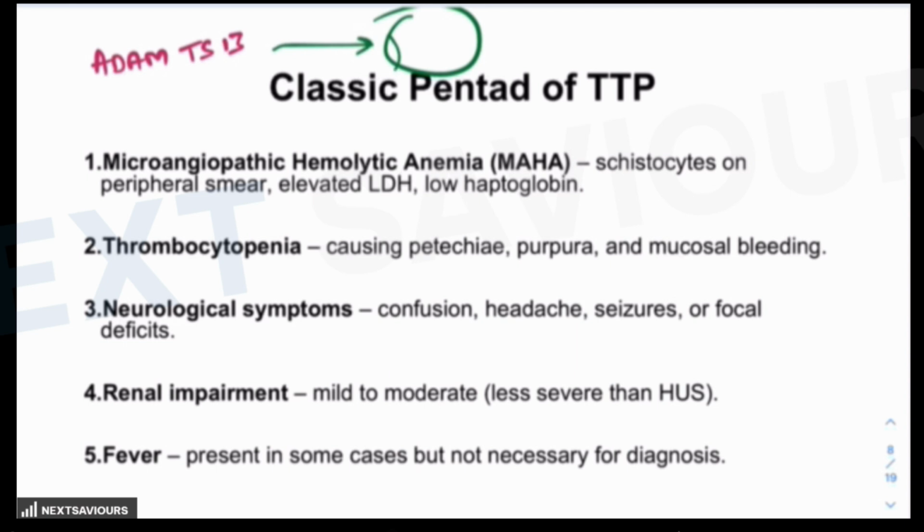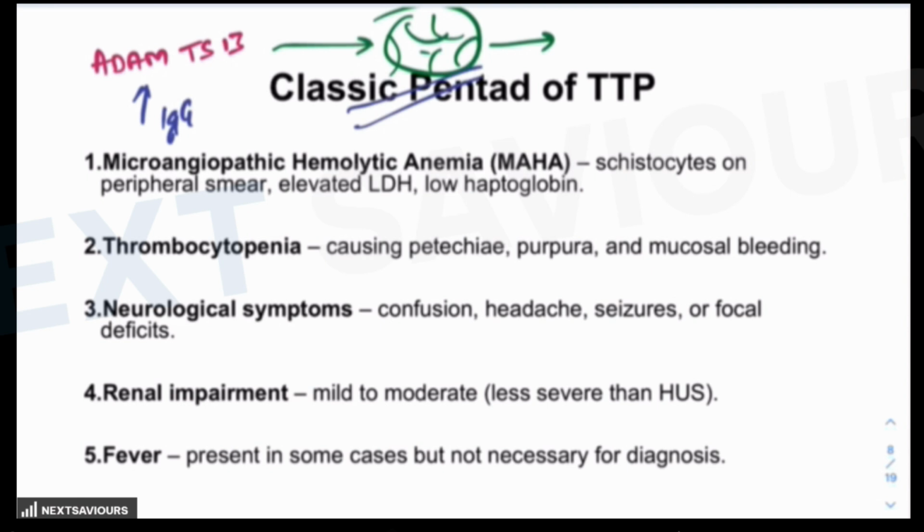So this is responsible for the breakdown of these large multimers into smaller inactive units of von Willebrand factor. Now, what happens is if an autoantibody like IgG develops against this ADAMTS13, thereby inhibiting the enzymatic activity, this leads to the accumulation of the ultra-large von Willebrand multimers, which promote widespread platelet adhesion and aggregation in the small vessels, resulting in the formation of microthrombi.